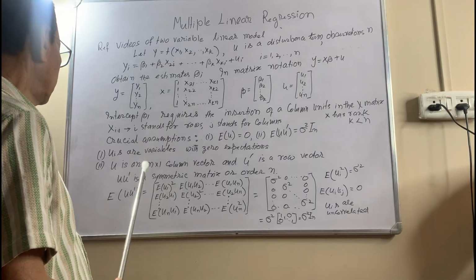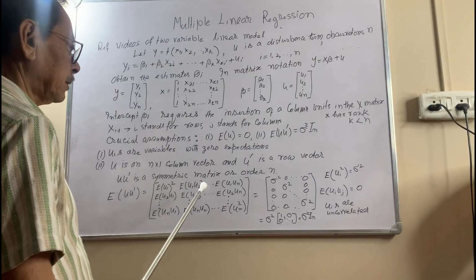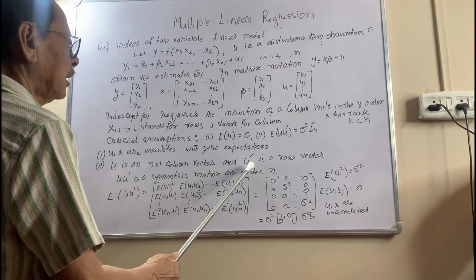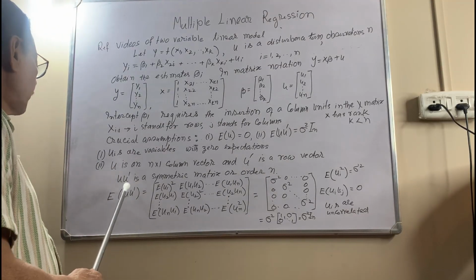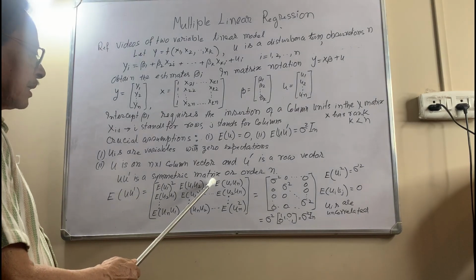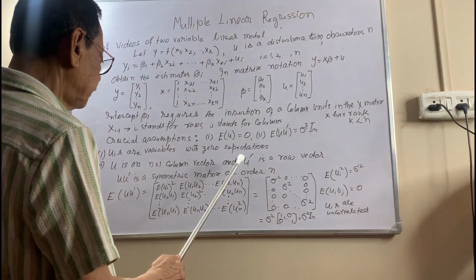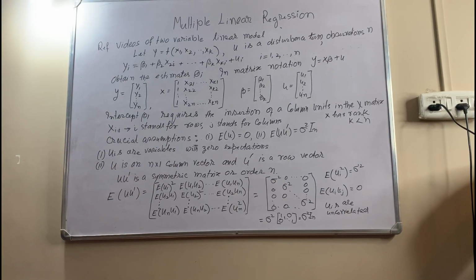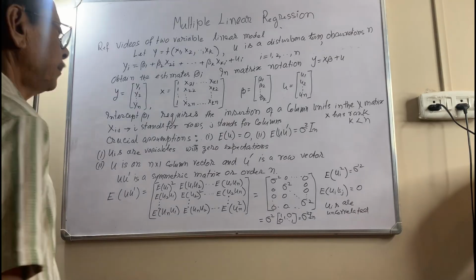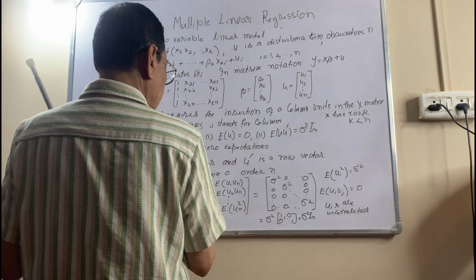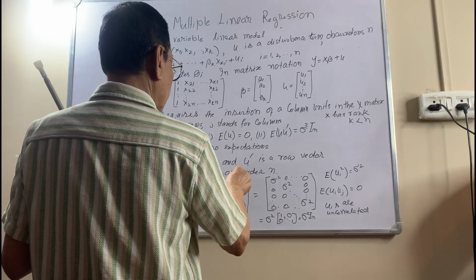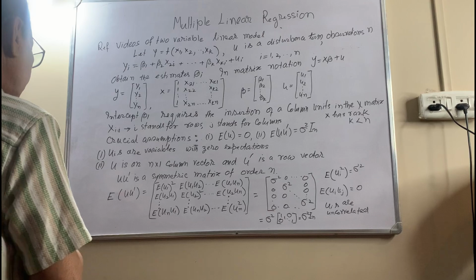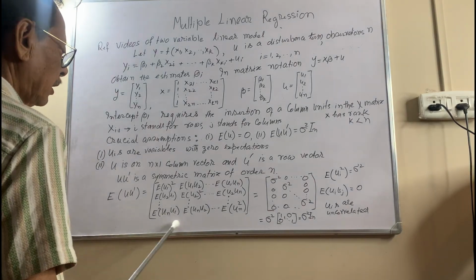So it is written here. U is an n into 1 column vector, and u prime, which is its transpose, is a row vector. Then u u prime is a symmetric matrix of order n. How can you develop this matrix?